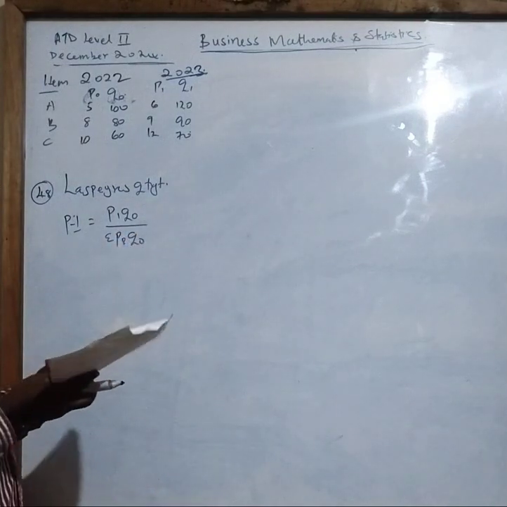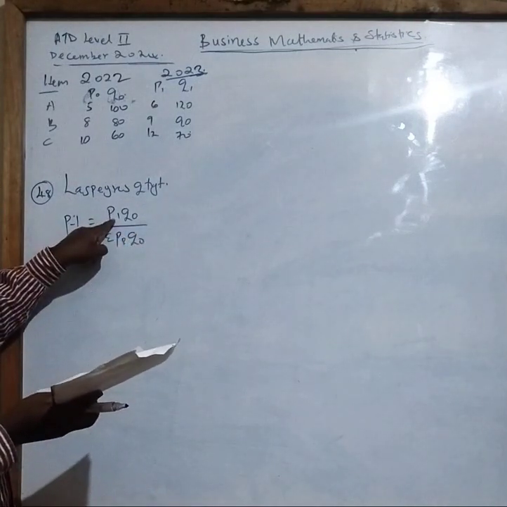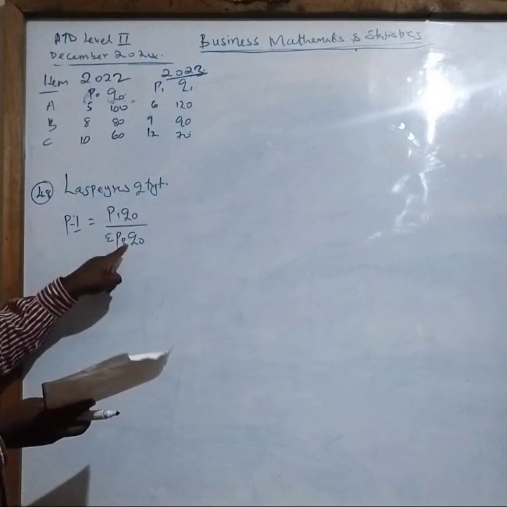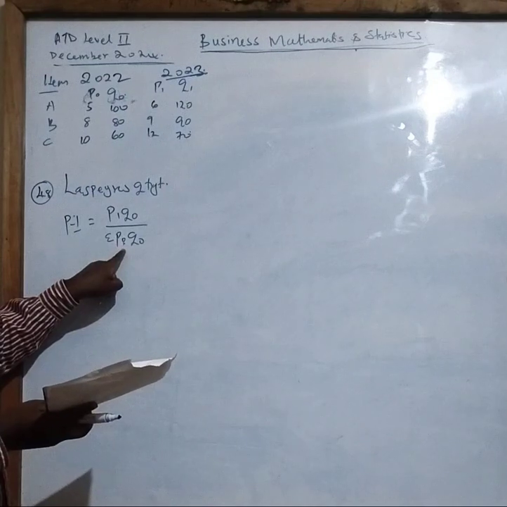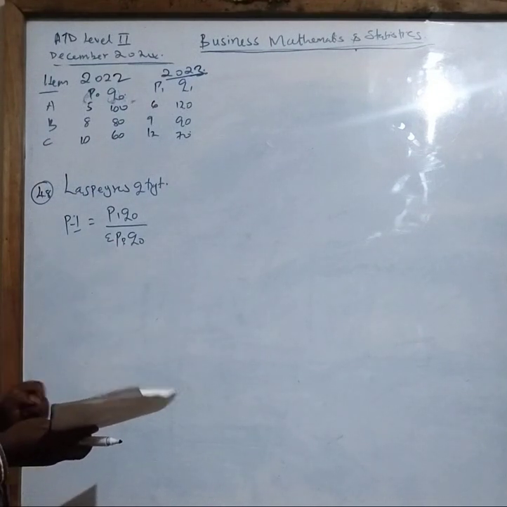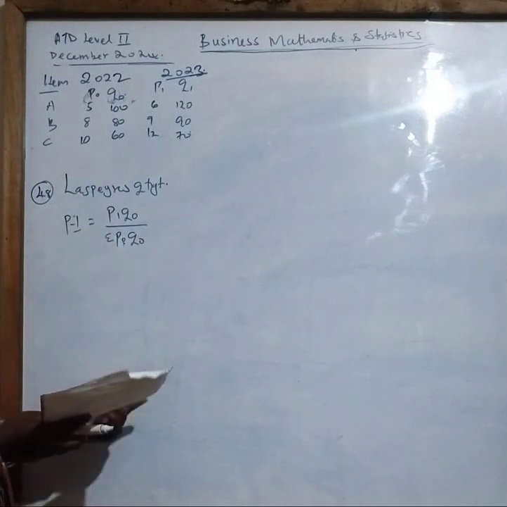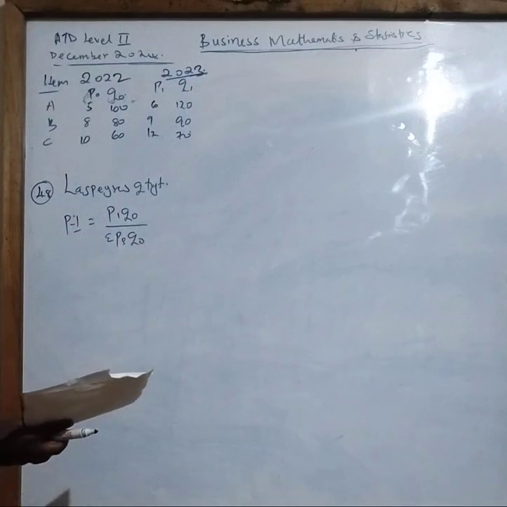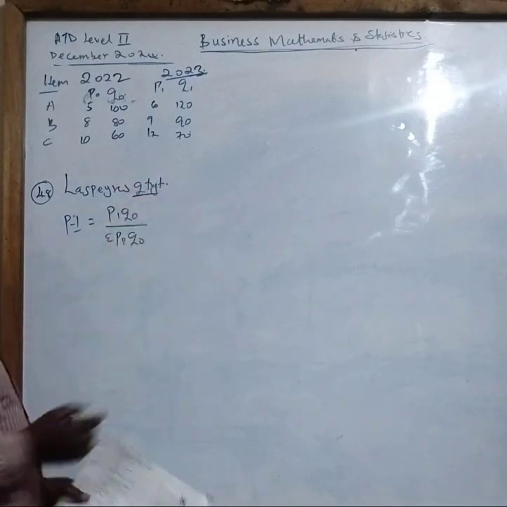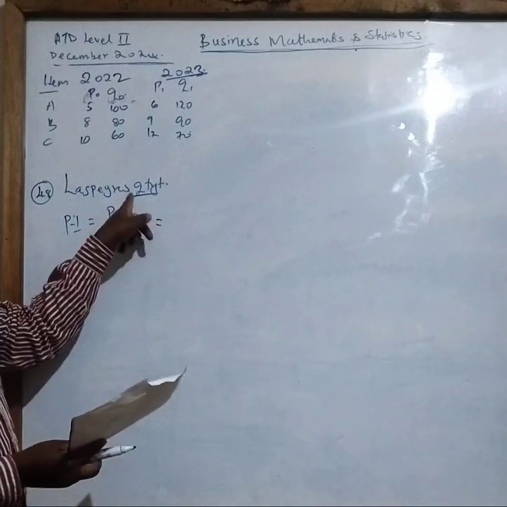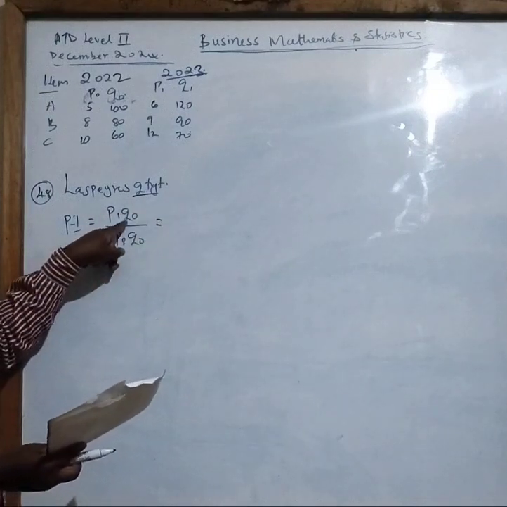So this formula is current price multiplied by the base quantity, divided by base price times base quantity. When you substitute this, you automatically find the Laspeyres price index. But here we are very interested in the quantity. Look at how I'm going to interchange this. In this case, if I want quantity, I have to begin with the Q.